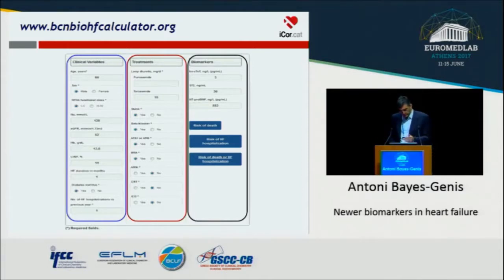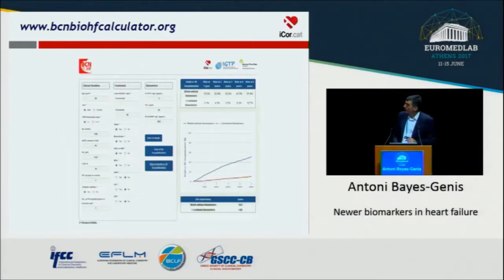You can have the risk of death, hospitalization, or the combined risk. So whenever you assess the risk of your independent patient, or of the patient that you're visiting in your clinic, you can use 1, 2, or the 3 biomarkers. And the calculator is going to give you the risk without biomarkers and the risk with biomarkers.